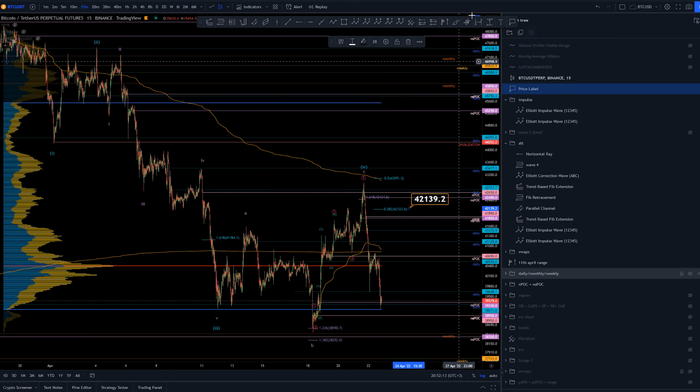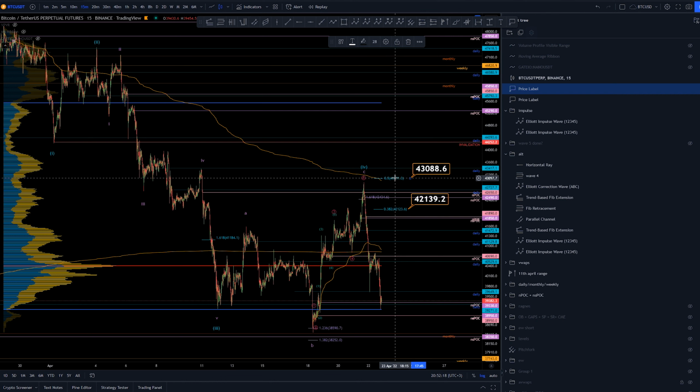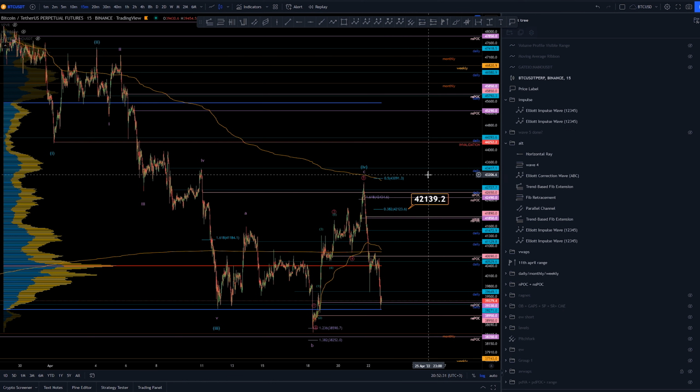Now this came almost to the point of the 0.5 fib, or 50% retracement of this move, which is usually where I start to look for other possibilities. Again, it didn't quite get there, but it was close.